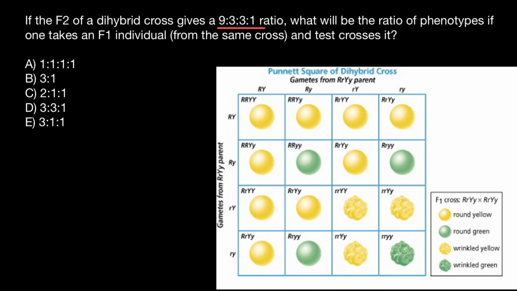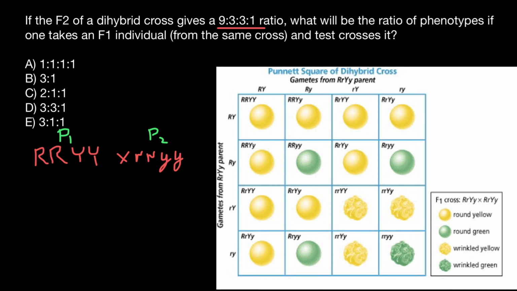So we start with the parental generation, and one parent is going to be capital R and capital Y, and we cross with another parent who is going to be small r and small y. So this is going to be parent 1, and this is going to be parent 2.